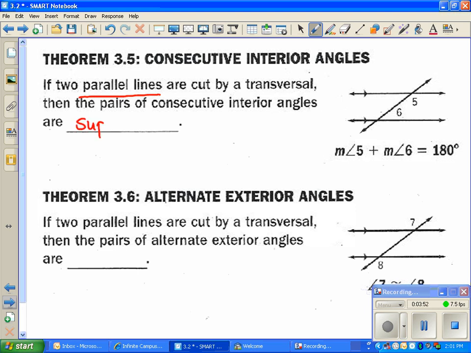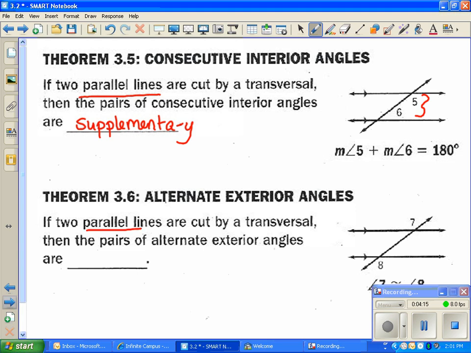Does anybody remember what supplementary means? They add up to be how much? 180. Good. So if the lines are parallel, the two consecutive interior angles are always going to add up to be 180.